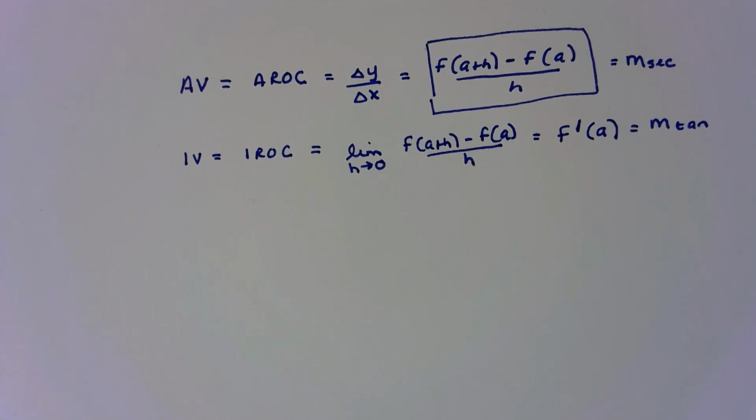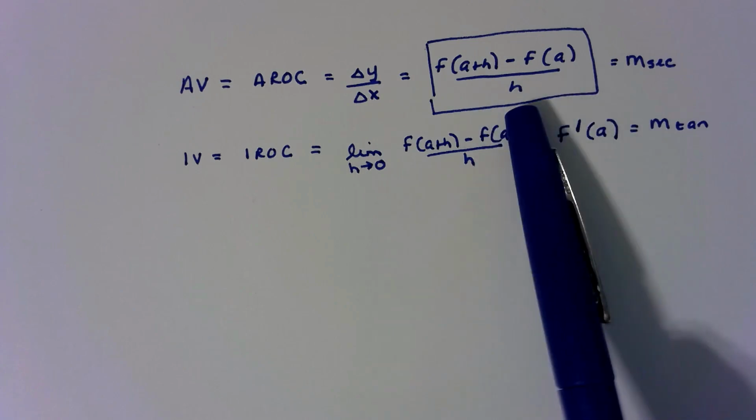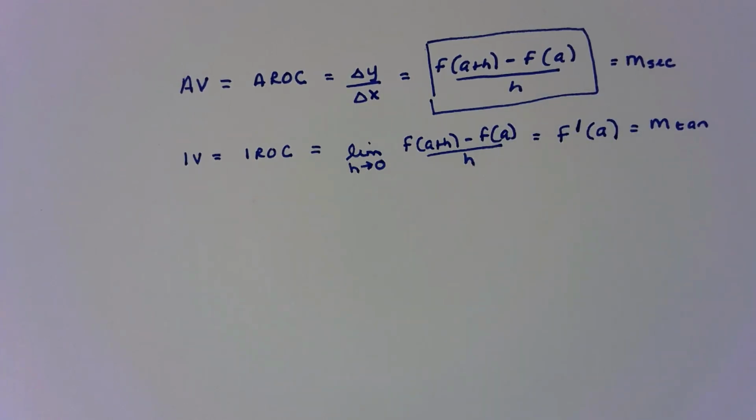You're going to get a number, like 5 or 3 or -2, whatever it happens to be. This is just choosing two points on an interval on some graph, connecting them with a line, figuring out what the coordinates are, and doing f of b minus f of a over b minus a. It's the same exact thing.